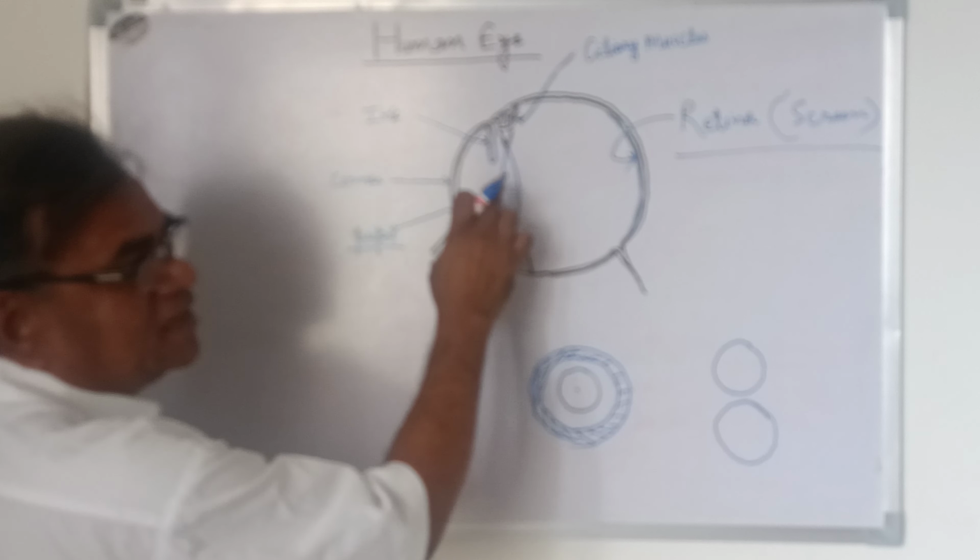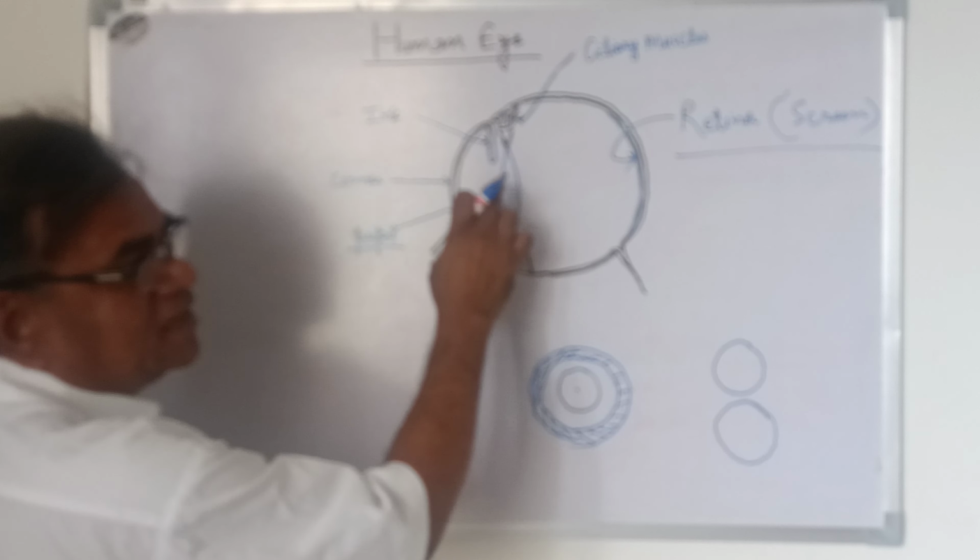Suppose this is the case. This is your eye lens. Simple thing. This is your F, this is your 2F point, this is F dash, and this is 2F dash point. Suppose you take an object here between F and 2F.